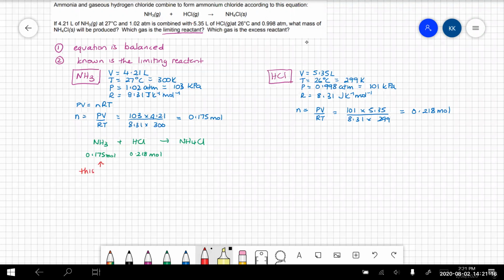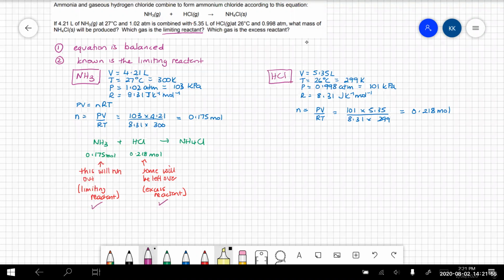The ammonia will run out. And that makes it the limiting reactant. In the end, some of this will be left over. And that is your excess reactant. You're actually asked which is the limiting and which is the excess reactant. So you have your answer there and there.